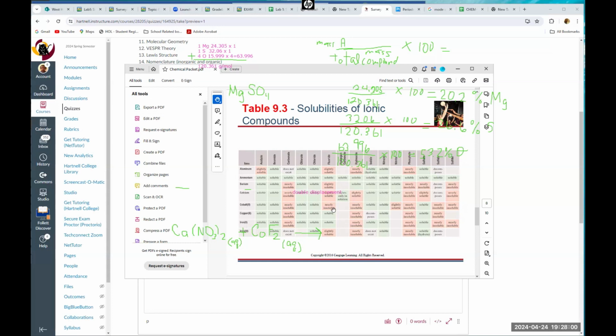Okay. So then if I have calcium nitrate, let me get my pen so I can explain this. We know that calcium is going to be hooking up with whom? Fluorine.